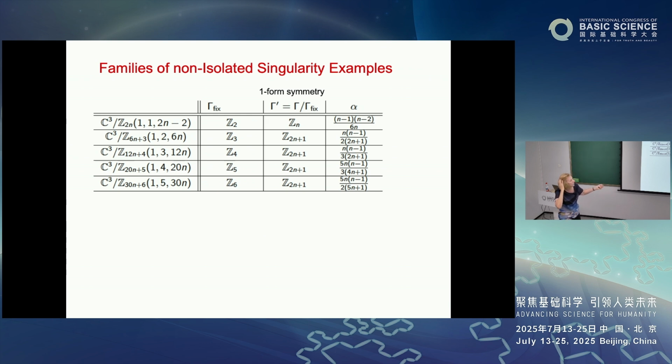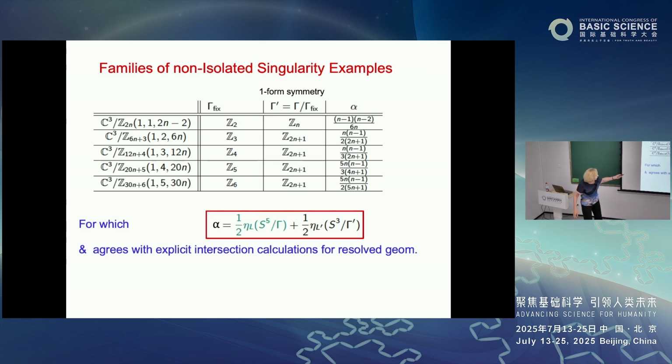Those are one-form symmetries. In all these particular examples, you see there are certain relative weights, right? It works, because what we did, we resolved all these examples and got alpha. Now we have directly a calculation with eta invariants, and it is this S3 correction that is modded out by the one-form symmetry action.